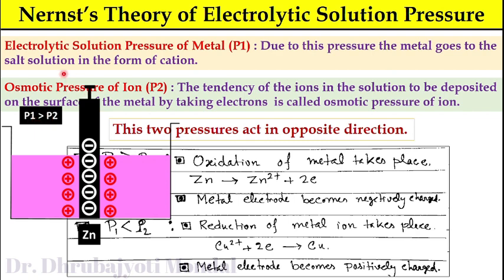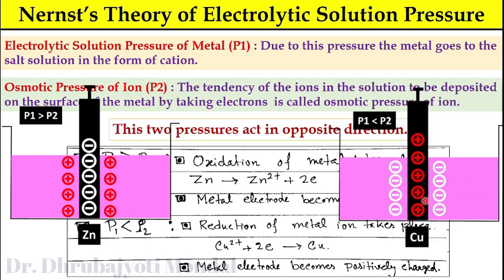That means the electrolytic solution pressure of the metal is greater than the osmotic pressure of the ion. That's why Zn comes from the Zn electrode into the solution as Zn2+, so the solution is positively charged and the electrode is negatively charged.